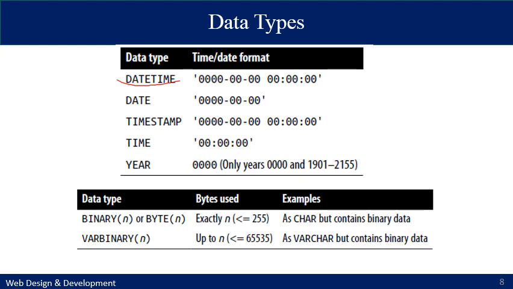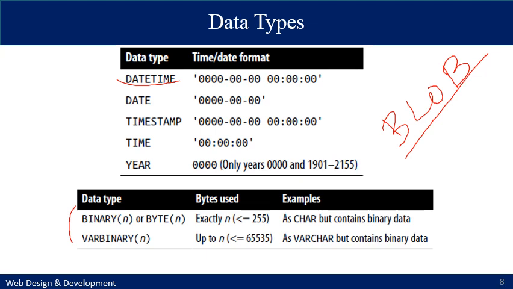There is a variation to store binary values named binary and varbinary. However, the difference is that in the blob data type, you store the value as binary, and there is no character set for the binaries.